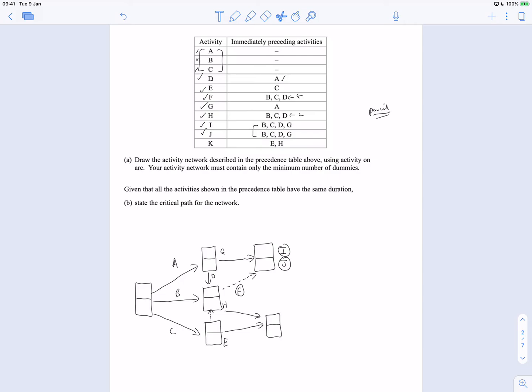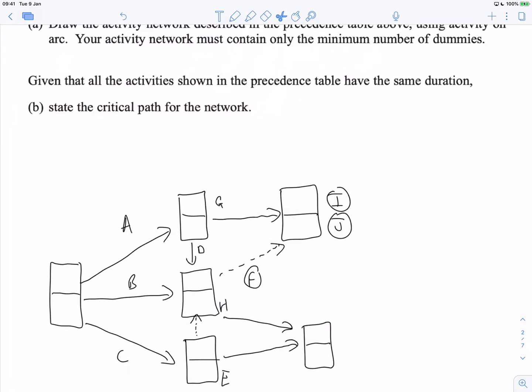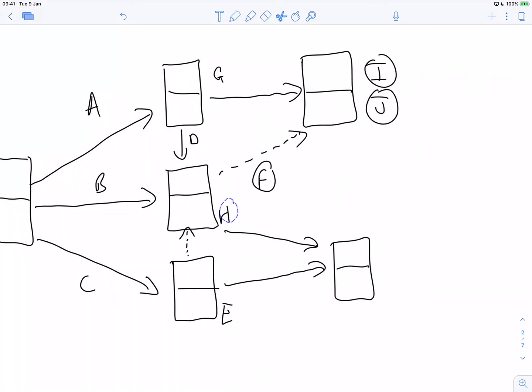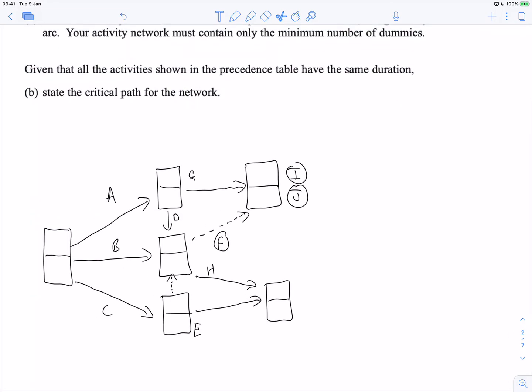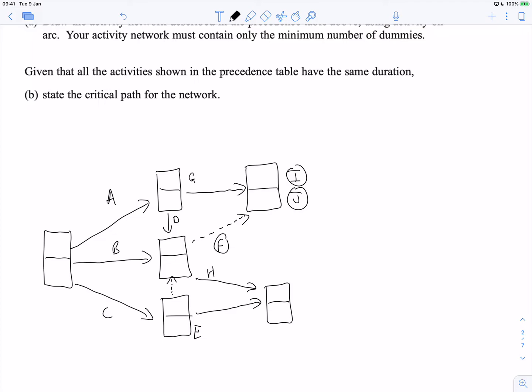So there's H. So H is there. I've still got an F coming out from somewhere, so that's interesting. So that means I'm going to have a nice long task there going on, something like that, F.